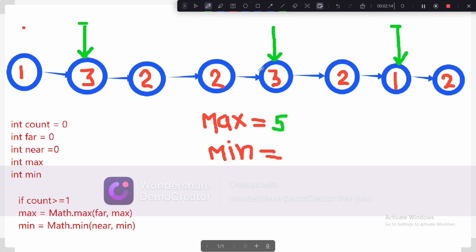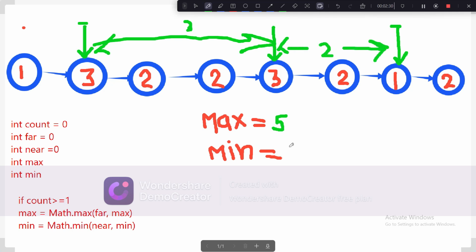But for min distance we have to compare which one is the minimum. See here, this is also a distance between two nodes which is 3. This distance is 3, but there is also another possibility where the distance is 2, right? So the minimum distance here is 2, so the final answer should be 2. Okay, so we should be clear with this assumption, but we will solve this problem in a single pass only.